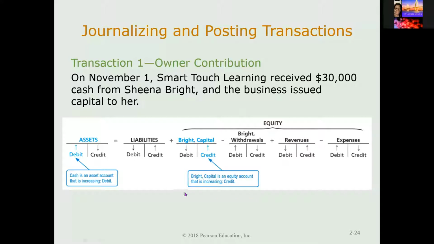So in step 1, you have the two accounts involved: cash, and then Bright capital, which is equity. Step 2, both accounts increase by $30,000. The debit increases the asset, and the credit increases capital.